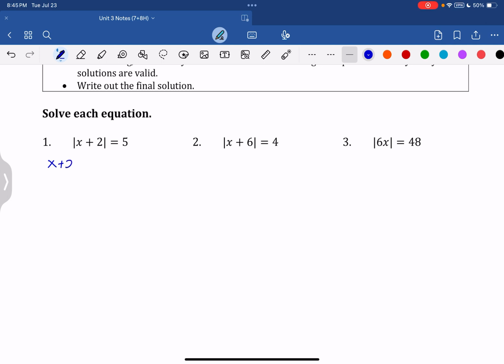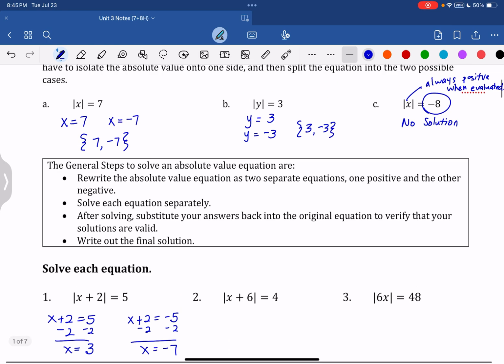So x plus 2, and I set it equal to the positive distance from 0. I also unwrap it and go the negative direction from 0, the same distance. Then I solve both parts. So here x would equal 3 or x would equal negative 7.